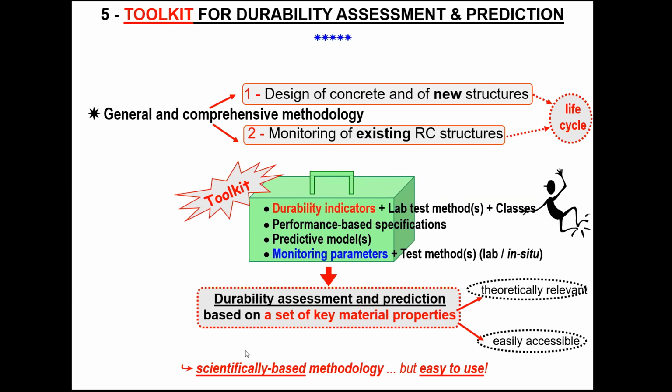So you can see that this is a toolkit, which is based on a set of key material properties in particular. It is scientifically based, but it is easy to use because you can select the simplest tools included in this toolkit.